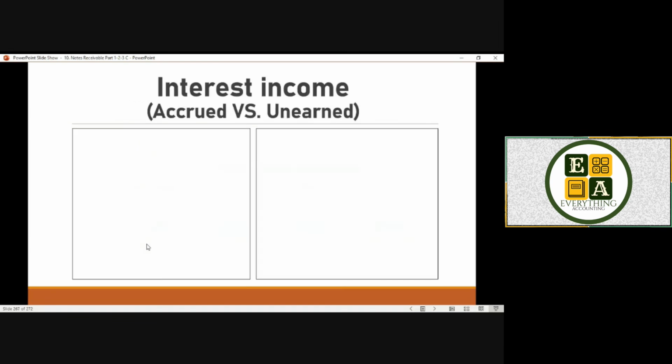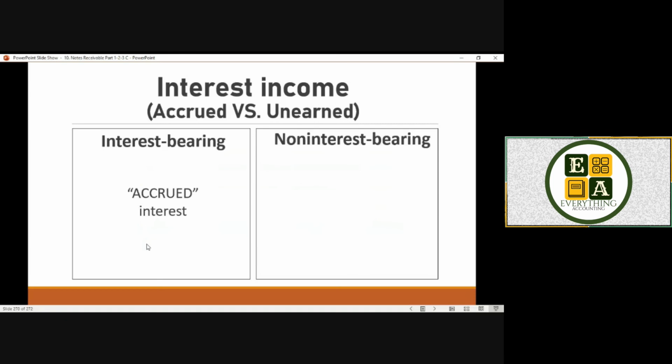So, for purposes of interest income, both interest-bearing and non-interest-bearing recognize interest income. But for interest-bearing, it is accrued. But for non-interest-bearing, it is unearned. So how do we differentiate accrued and unearned? For accrued, we have it under interest-bearing, so accrued interest. For unearned, we have it under non-interest-bearing, so unearned interest.